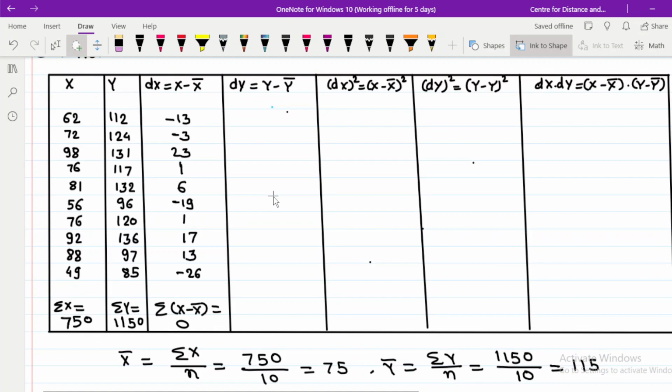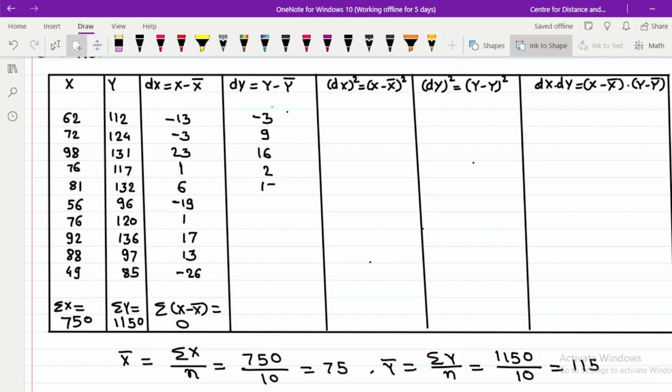Therefore, the first value of dy is minus 3. Then for y is equal to 124, we get dy is equal to 124 minus 115. We get here 9. In the same way, calculate all these values.